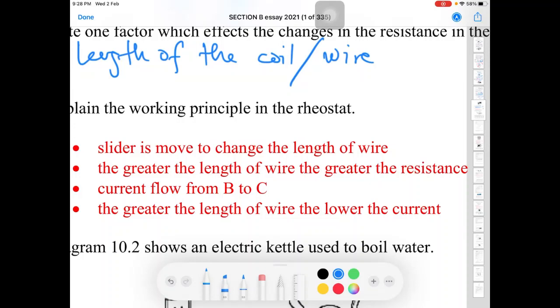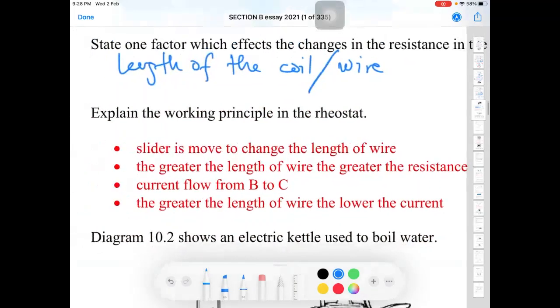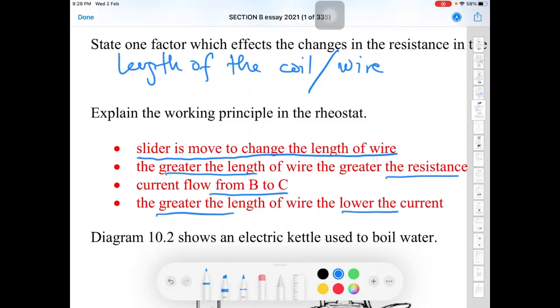Alright, so explain the working principle of the rheostat. Okay, macam mana nak jawab soalan tu? Maksudnya ni cikgu dah tulis sini, slider is moved to change the length of wire. Okay, the greater the length, the greater the resistance. So current will flow from B to C. So the greater the length, the lower the current. So ini yang kamu perlu jawab.